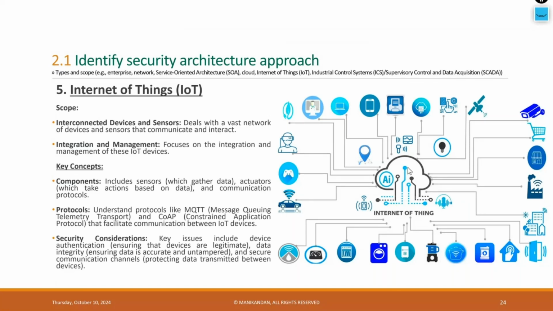Now, when we are talking about security considerations, key issues include device authentication, ensuring that devices are legitimate, data integrity, ensuring data is accurate and untampered, and secure communication channels, protecting data transmitted between devices.